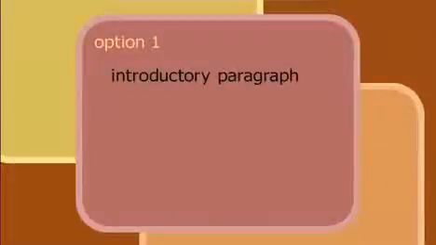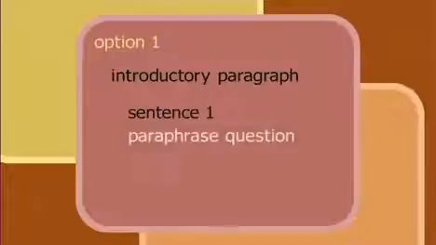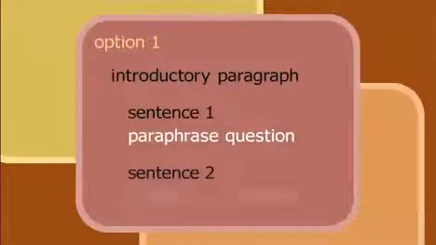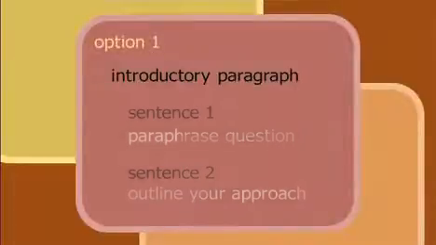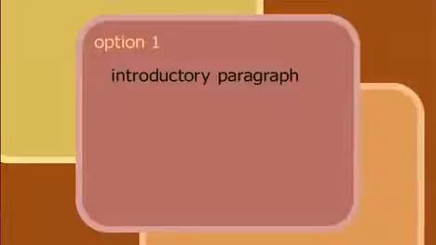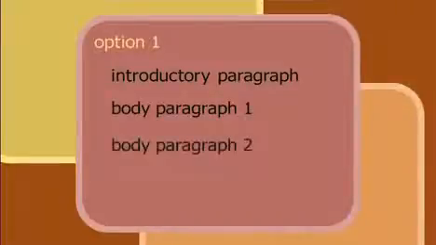The first paragraph is the introductory paragraph. It should only have 2 sentences. Sentence 1 should paraphrase the question, and sentence 2 should outline your approach to the data. The second 2 paragraphs are body paragraphs 1 and 2.